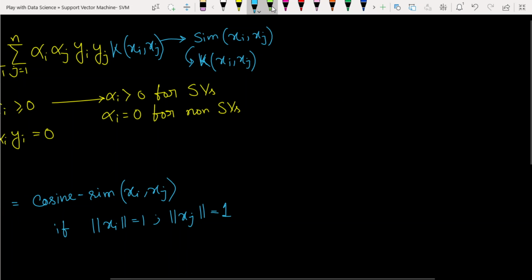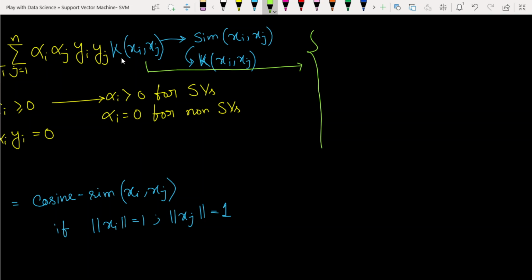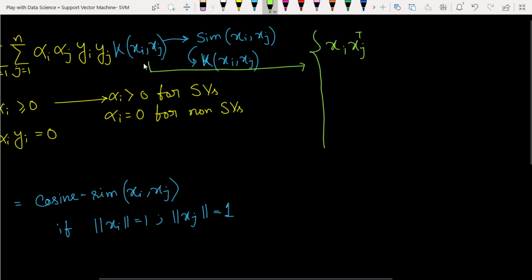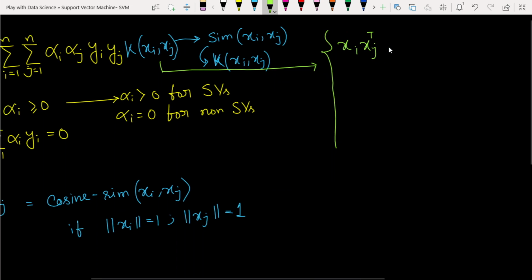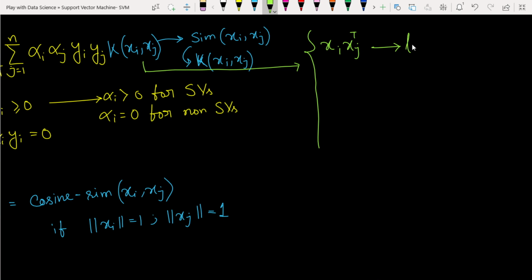In the dual problem, instead of K(x_i, x_j), if we use x_i transpose x_j, then we call this the linear SVM. And if we use this kernel function instead, then this dual problem is called the dual problem of the kernel SVM.